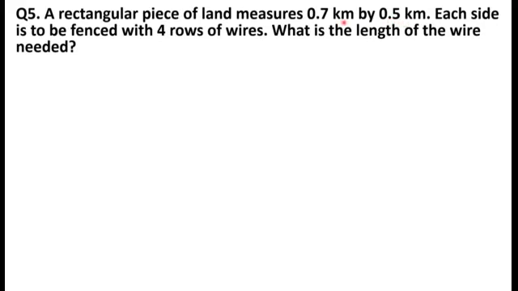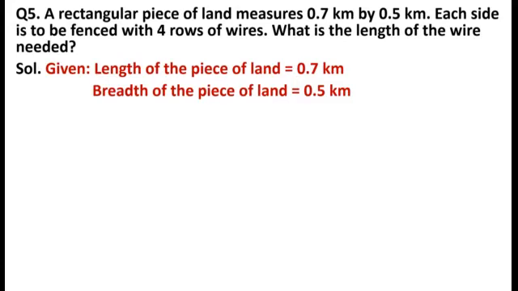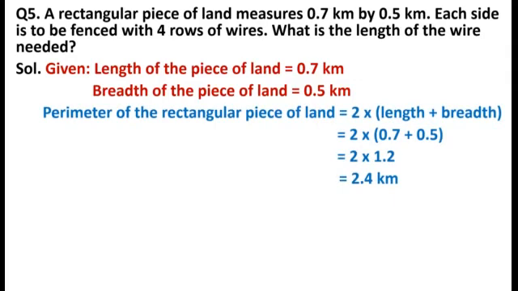Each side is fenced with 4 rows of wire. First of all, we can write what is given: length of the piece of land is 0.7 kilometer and breadth is 0.5 kilometer. Now, fencing means we fence the outer boundary.